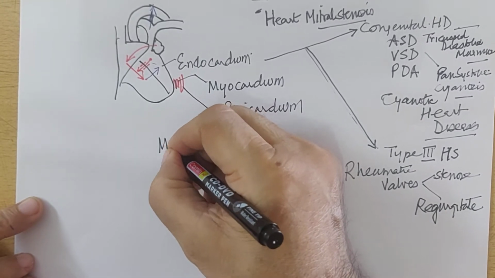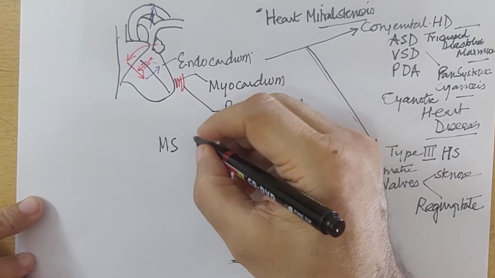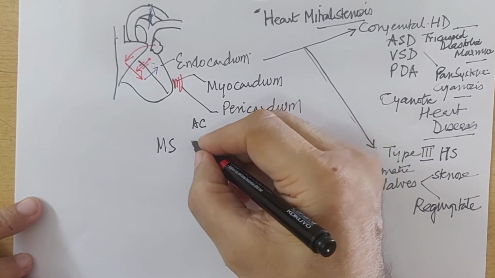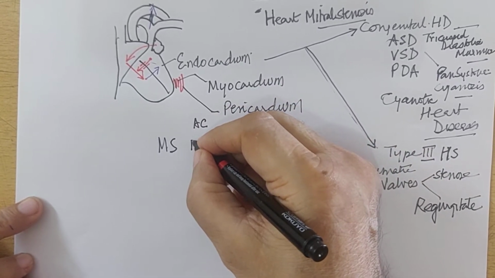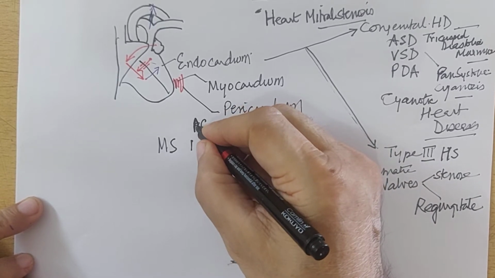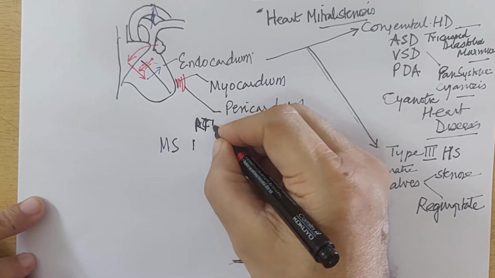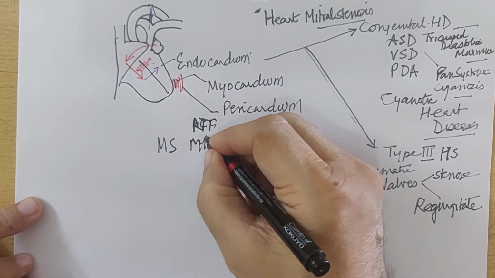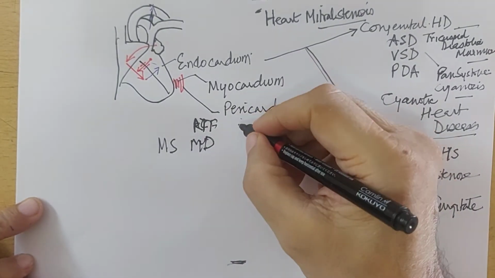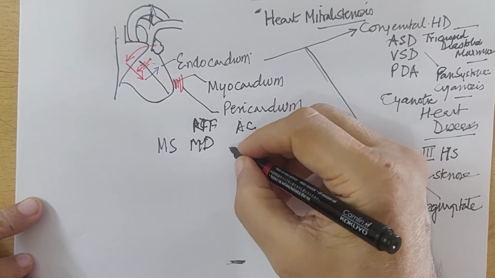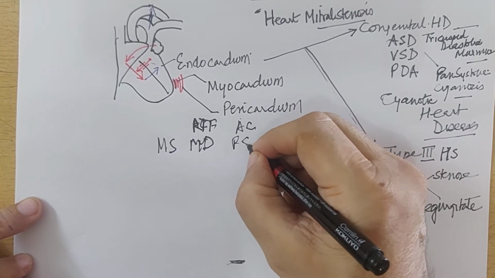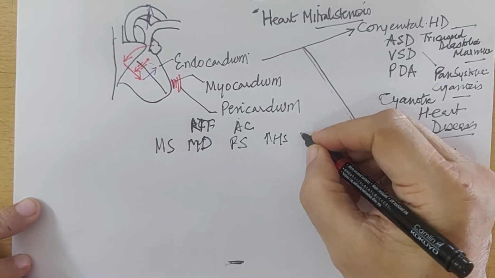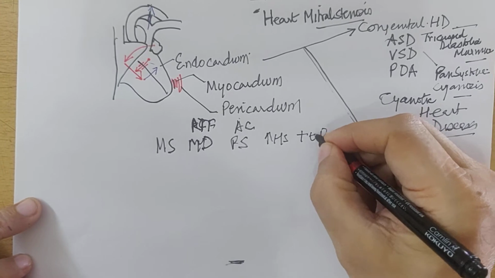For mitral stenosis, because of the rapid inflow phase, there is a mid-diastolic murmur, and because of the atrial contraction, there is a pre-systolic murmur. There is accentuated first heart sound and presence of opening snap.